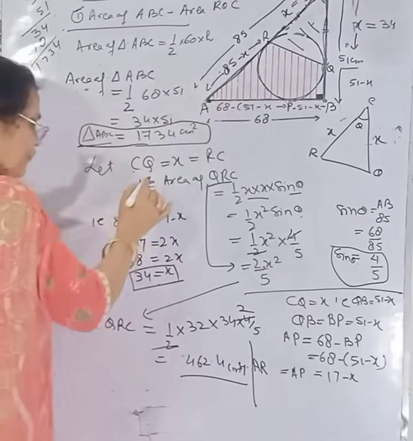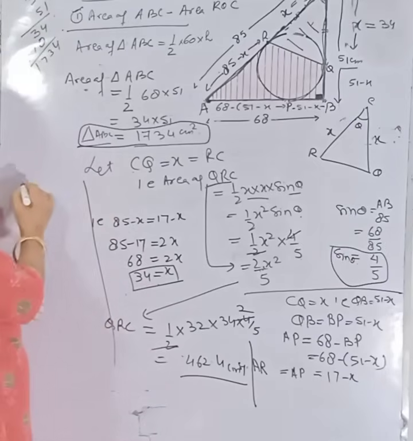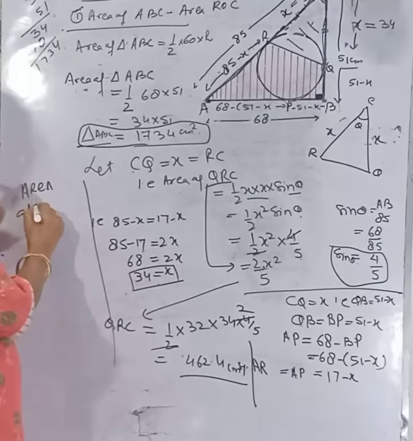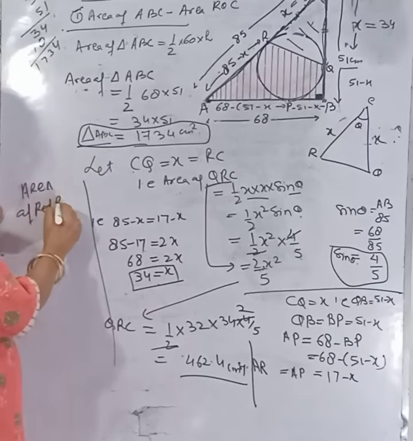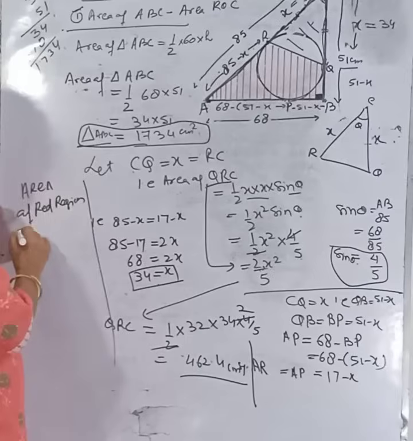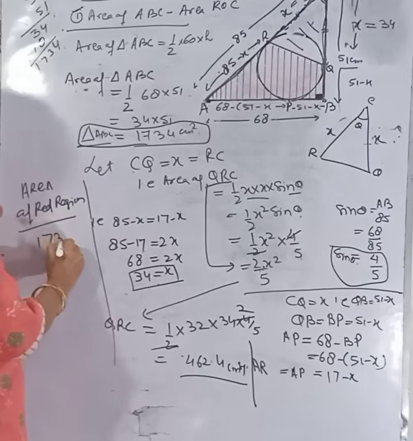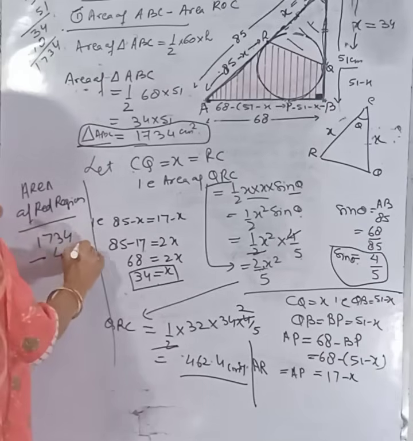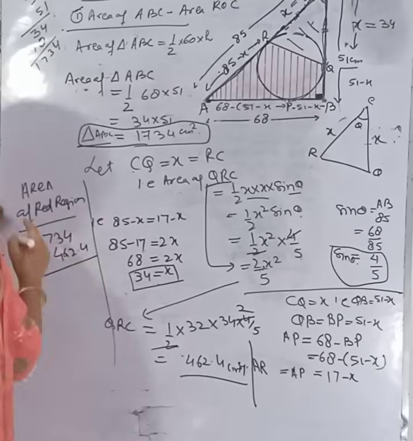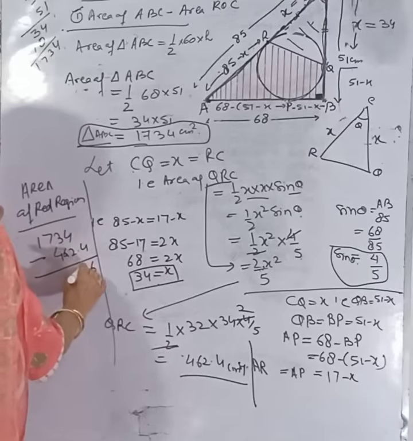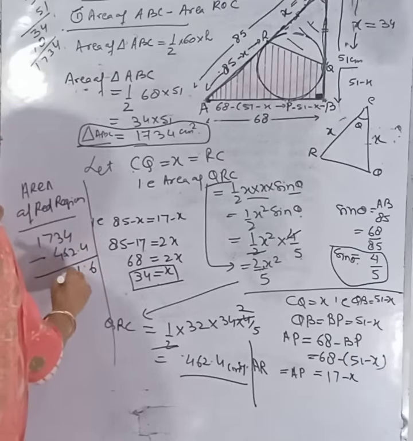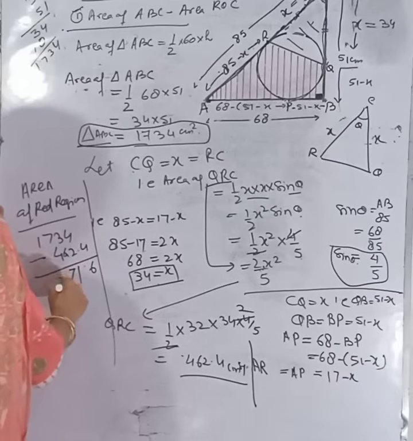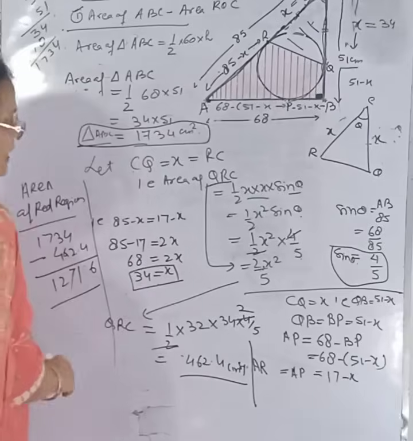Then the area of the red portion region will be 1734 minus 462.4. This will be equal to 1271.6.